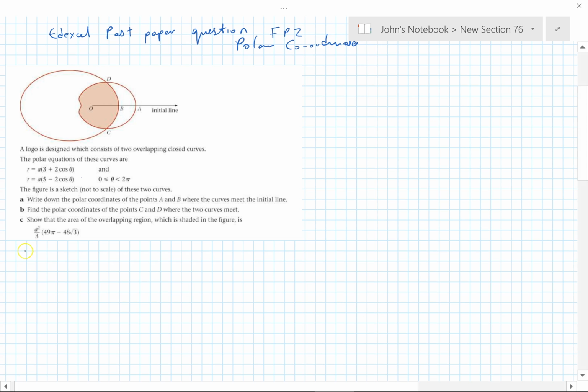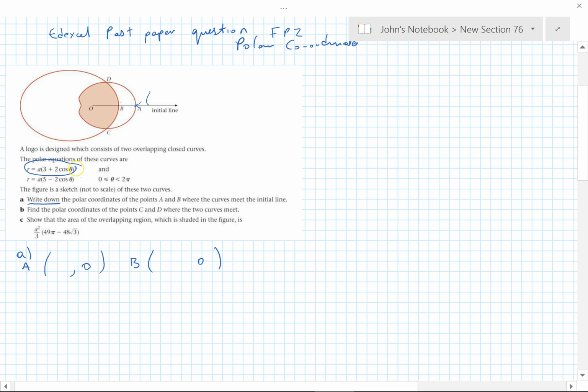right, so let's look. Part a is going to be incredibly straightforward. And whenever it says write down, they literally think that you can write it down. Well, a relates to the points on this curve here where theta equals 0. So theta is equal to 0 at a, and at b theta is also equal to 0.